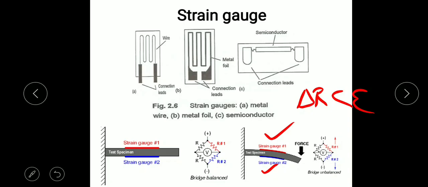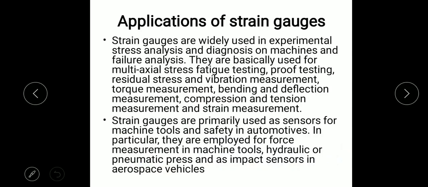So resistance R1 will be increasing and R2 will be reducing. Using this relation, we can determine the stress, strain, displacement, force, etc. occurring at the cantilever beam due to external force. This is the basic functioning of a strain gauge.